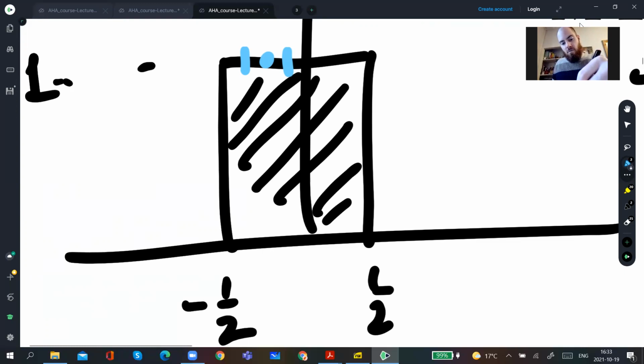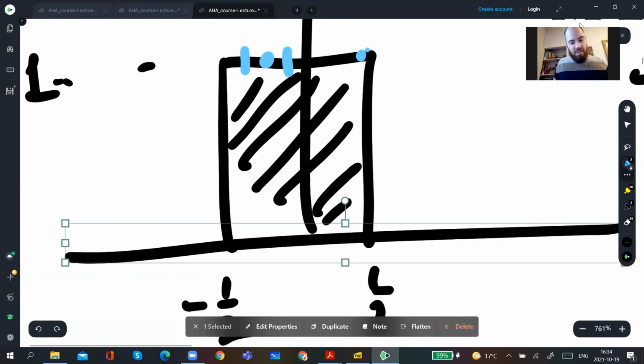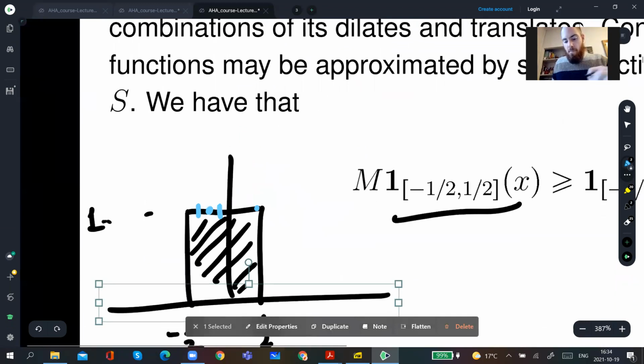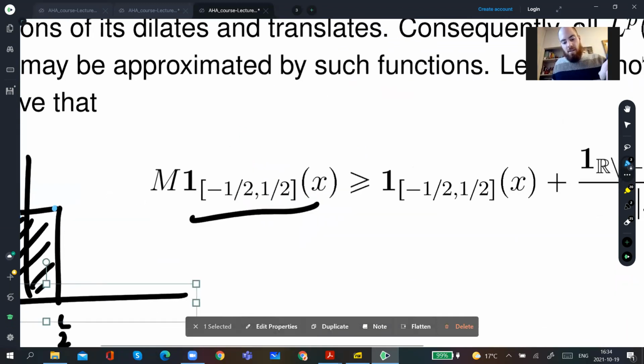Even if I get really, really close to the edge, I can still find some smaller interval that contains that point, and this still applies. I can find some average that gives me at least 1. So we obtain the first bound in the interval. I should maybe actually write this as open. We get this lower bound. If x is inside -1/2 to 1/2, then the maximal function is at least 1 there, and therefore this term is true.